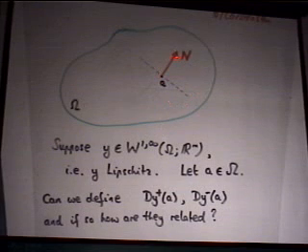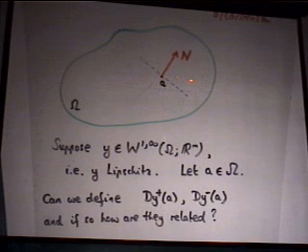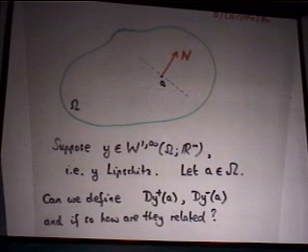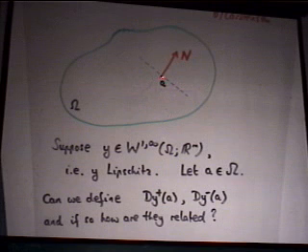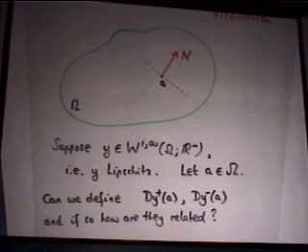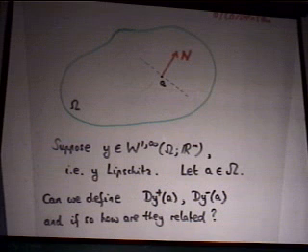So the question is, can we define what we mean by Dy plus of A and Dy minus of A in such a situation? Well, it's pretty clear that since this thing's Lipschitz and the derivative could be oscillating furiously as you approach A, then these things, if you're going to define them, are going to be sets rather than individual matrices.